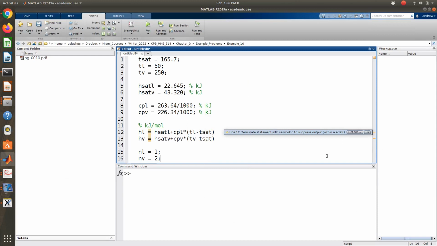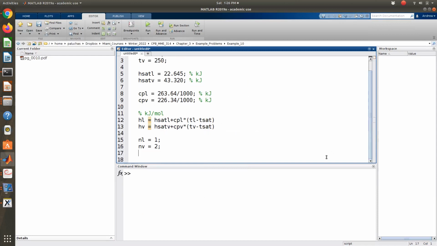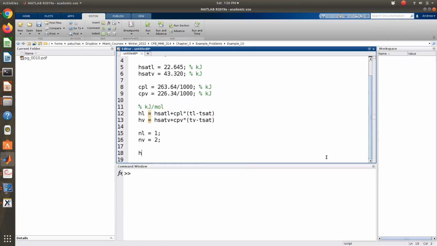Okay, so I'll call my enthalpy H1 is equal to NL divided by NL plus NV times HL plus NV divided by NL plus NV times HV.